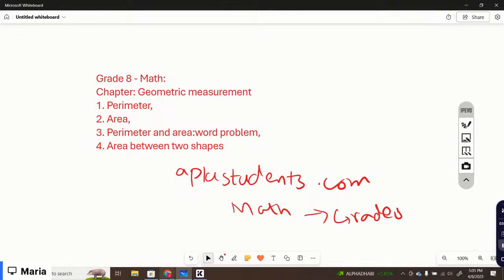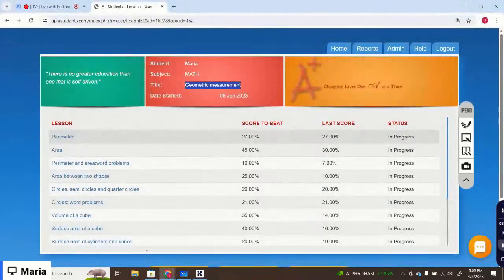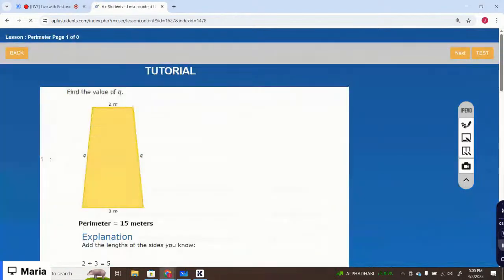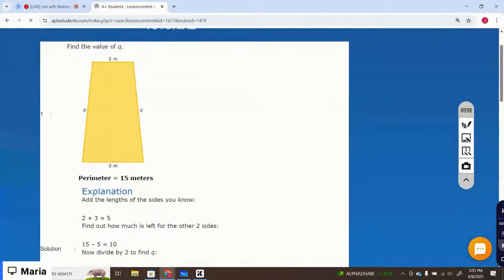Okay, and I'm on Graded Math. Let's just start with the lesson that is perimeter. Find the value of Q. You are given the perimeter is 15 meters, right?